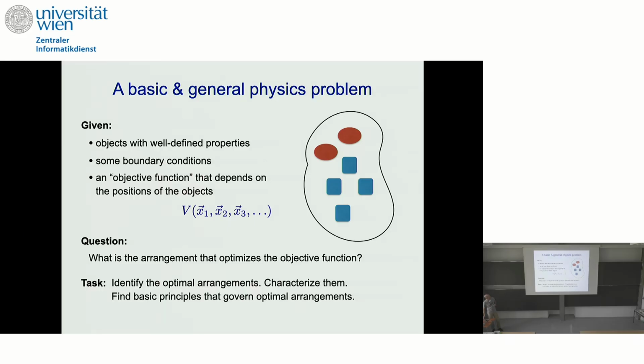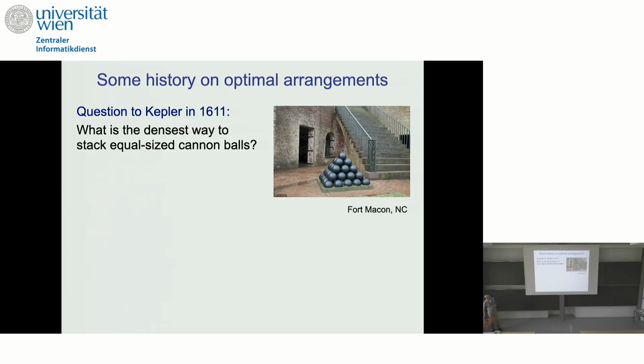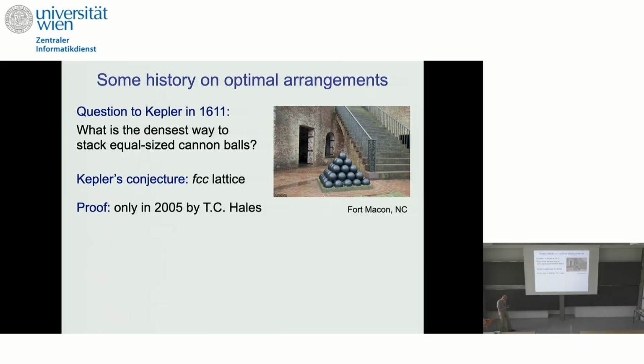Some examples of that go back to really old problems, like the Kepler problem of stacking cannonballs in a space-saving manner. And Kepler apparently hypothesized in the 17th century that the best solution is the FCC lattice, and it took until 2005 to actually mathematically prove that.